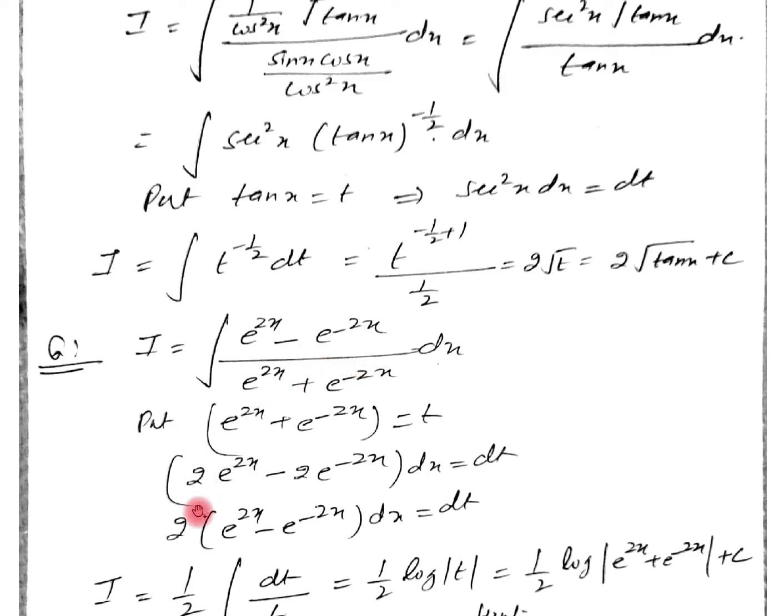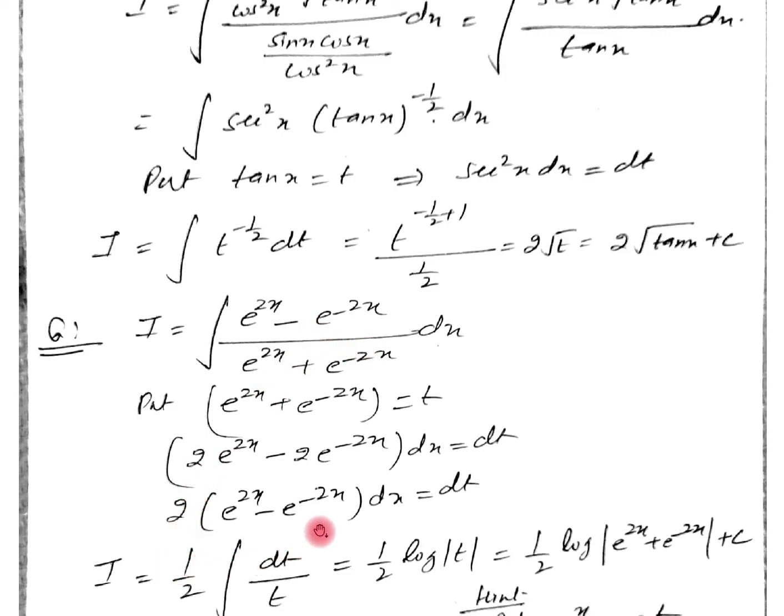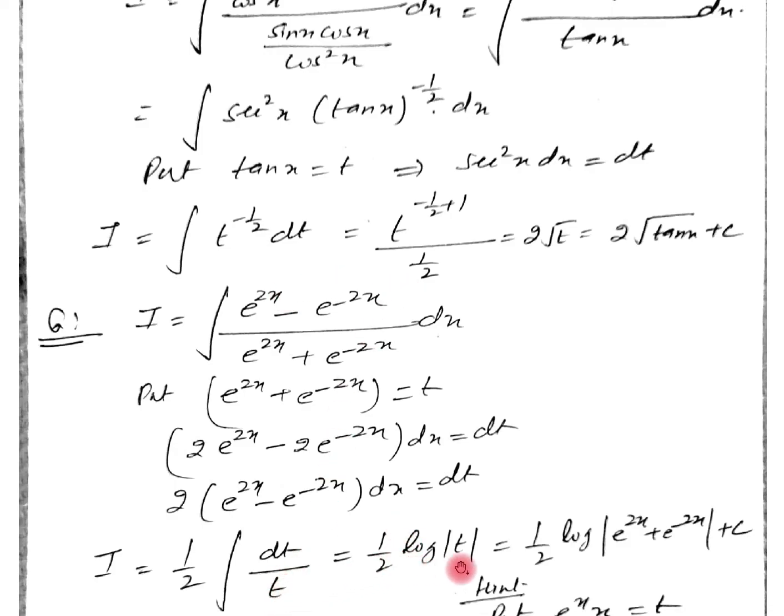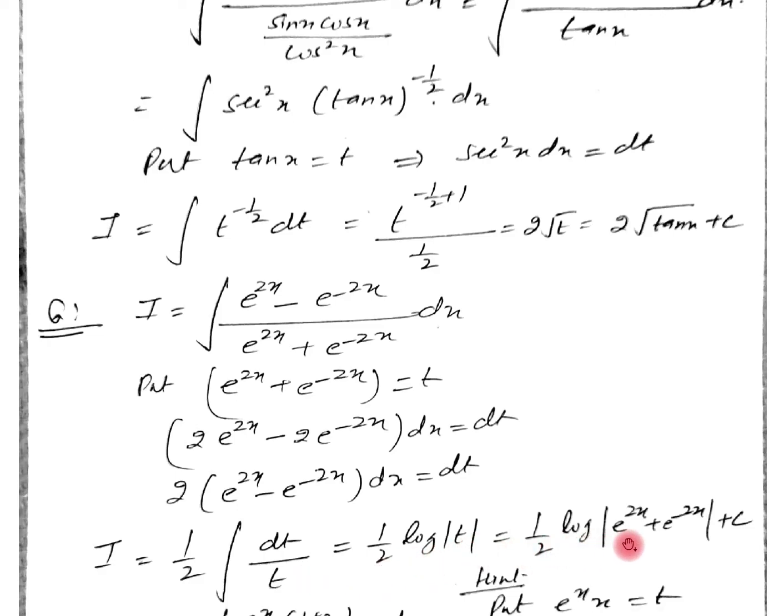Then I becomes 1 by 2, because this into dx equal to dt by 2. So it is 1 by 2 dt upon t, 1 by 2 log of modulus of t. Then resubstituting the value of t, you are getting the answer.